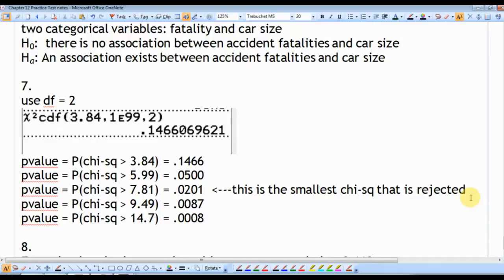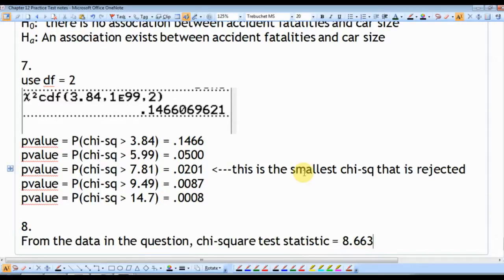So it's the number of rows minus 1 times the number of columns minus 1. Okay. So we do it for each one that's given? Mm-hmm.